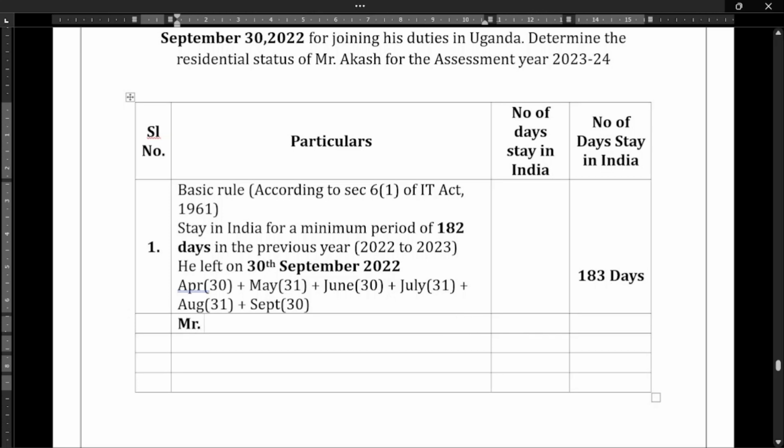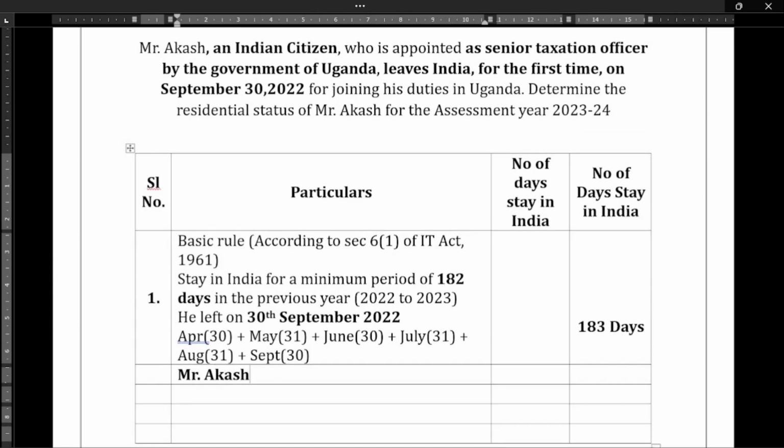So what is the conclusion for Mr. Akash?